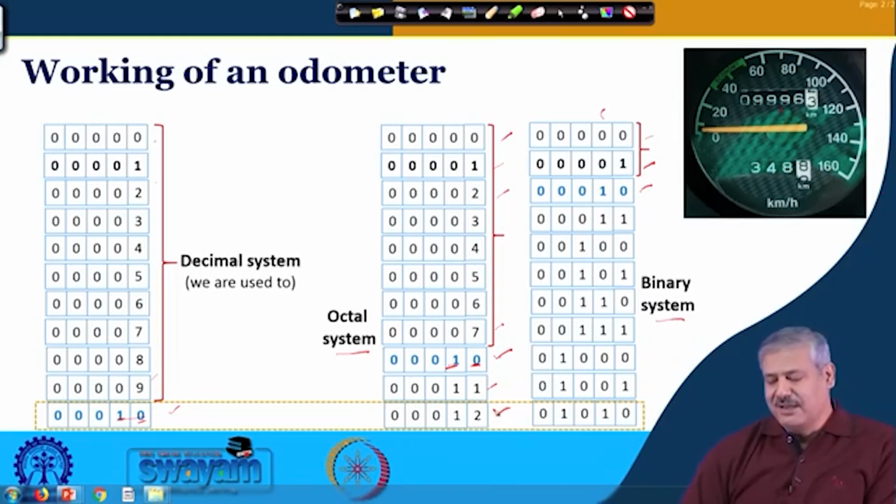That is in octal. And in binary system, if we go on incrementing the way we have incremented the earlier cases one by one, we will see that it is 1 0 1 0.